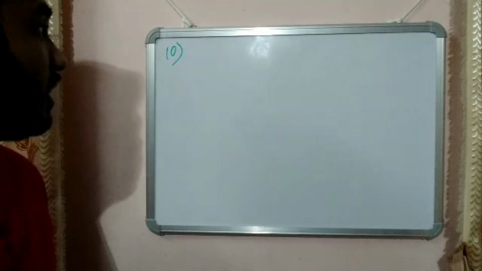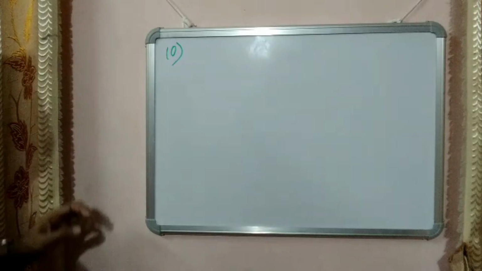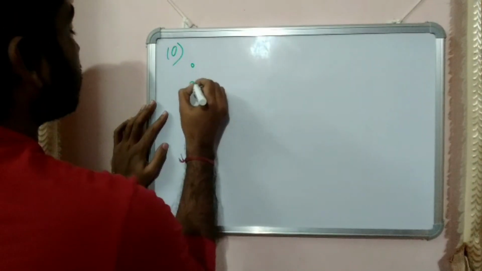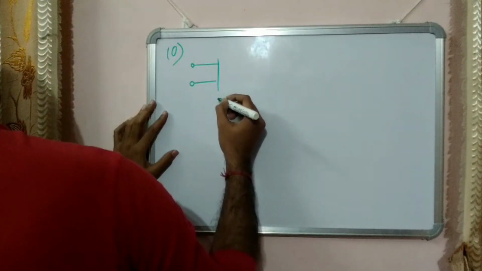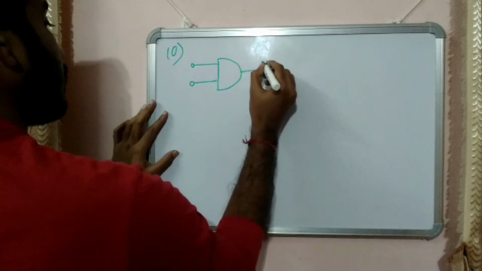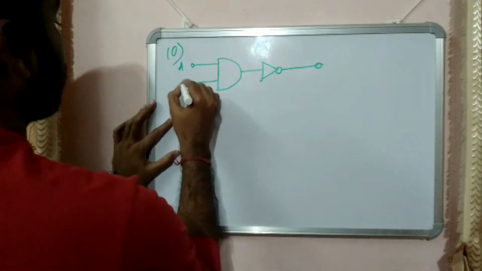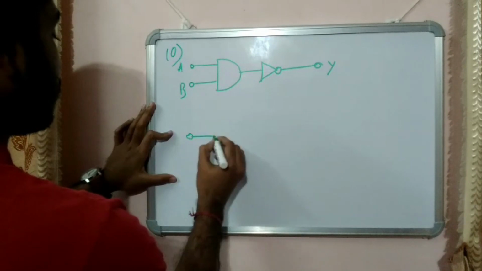And now question number 10. Here I passed 2 questions in one question. Those are likely questions. Often you can get this in the question paper about digital circuits.